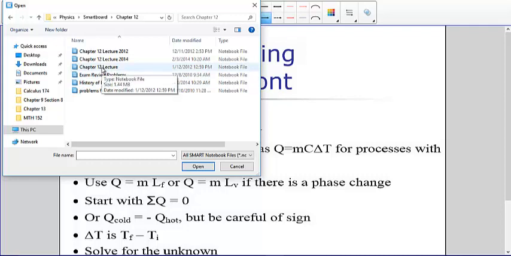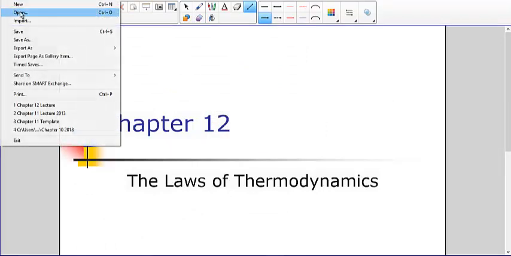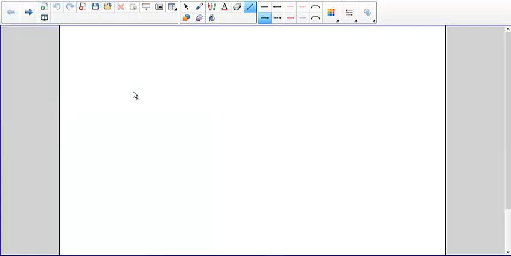It seems like I'm missing something from chapter 11. Just a second. Yeah, because laws of thermodynamics. Okay. I don't know why it's not showing up in my notes.